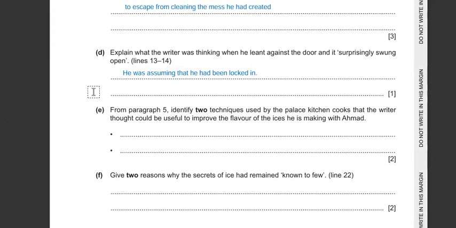Now, moving on to question number E. Question E says that from paragraph number 5, identify two techniques used by the palace kitchen cooks that the writer thought could be useful to improve the flavor of the ice he is making with Ahmed. In this question, to me, it seems quite easy. I don't need to go back to the text. The first technique that has been used was pure fruit, right?